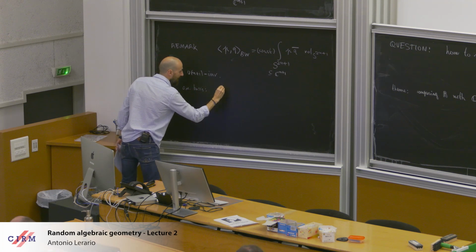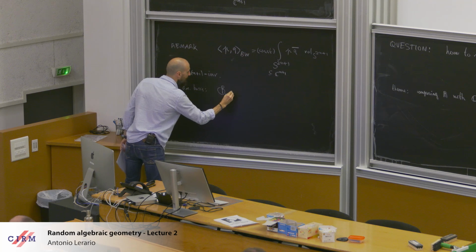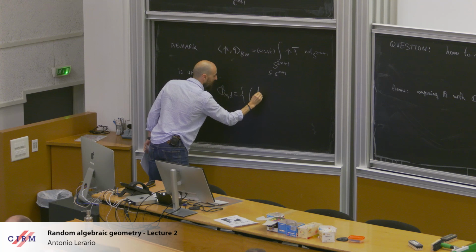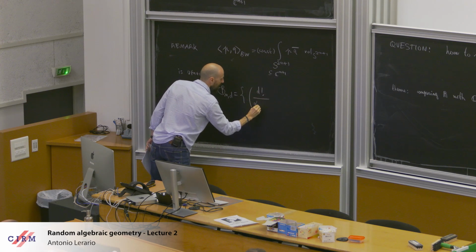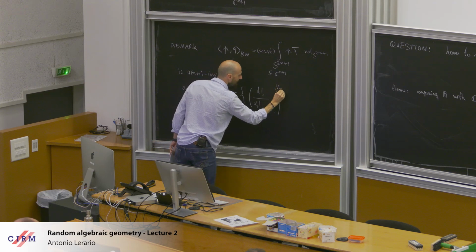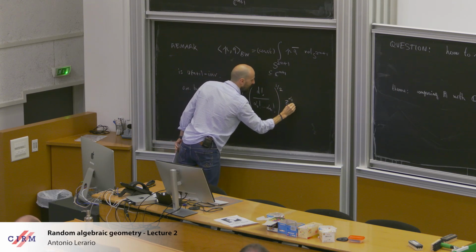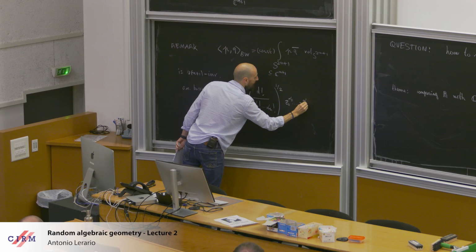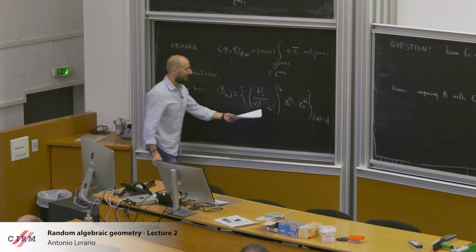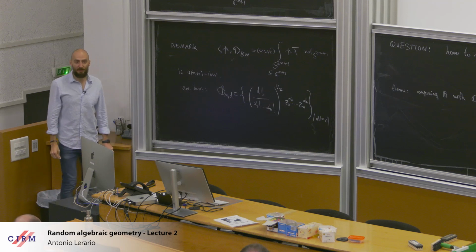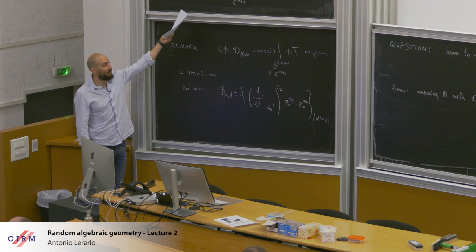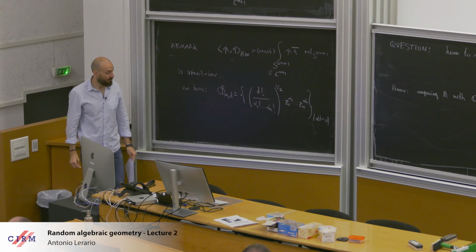I call it maybe B and D. It's this. So you take the monomials, but you have to scale them by the square root of a multinomial coefficient. So this is a Hermitian orthonormal basis for the Bombieri-Weil scalar product.